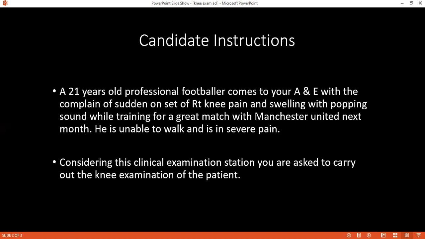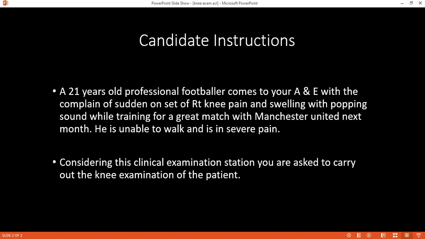I'll confirm these findings from the front, sides, and back of his knee joints.